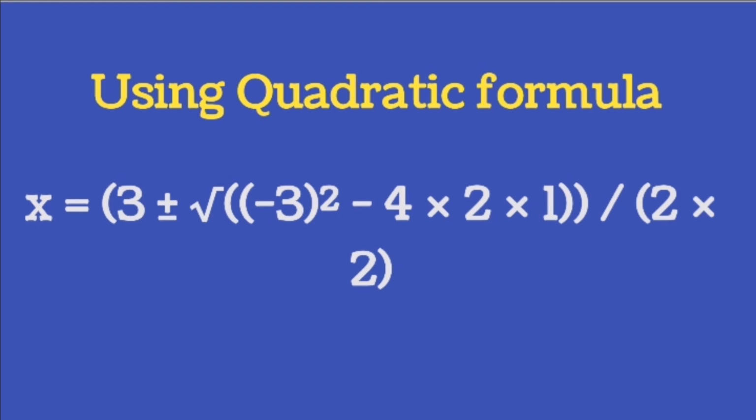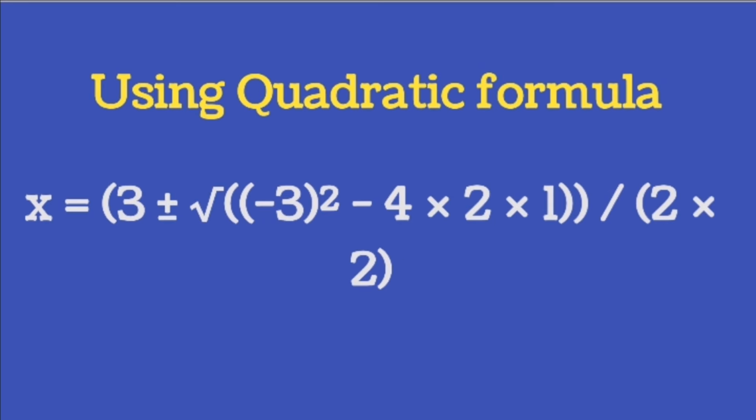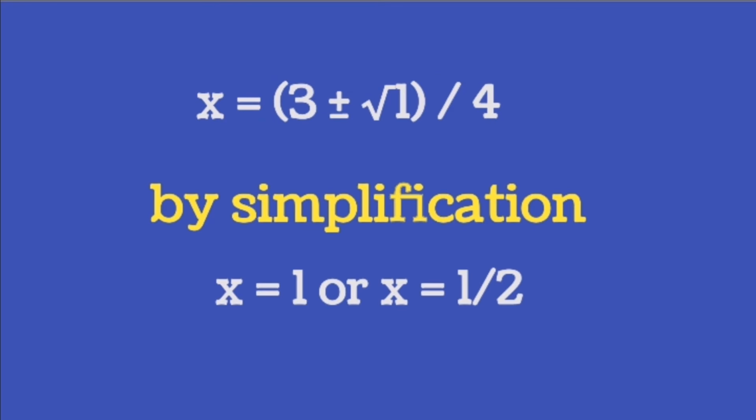Now substitute the given values of a, b, c in the quadratic formula, we get this step. Now by simplification, we get x is equal to 3 plus minus square root 1 divided by 4.